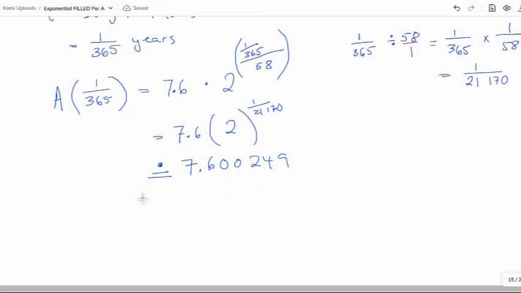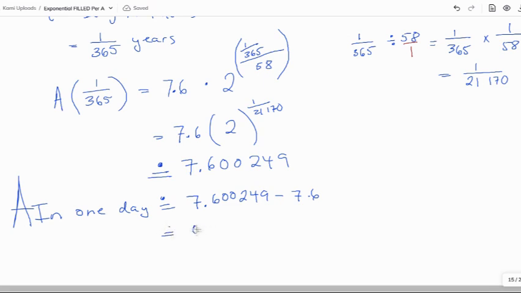Okay, so let's see. In one day, or let's go like this, amount in one day. We're going to go 7.600249. Now, again, I'm using an approximated number, and I'm just communicating that by using the approximated equal sign. So I'm subtracting the initial population from the current population after one day.